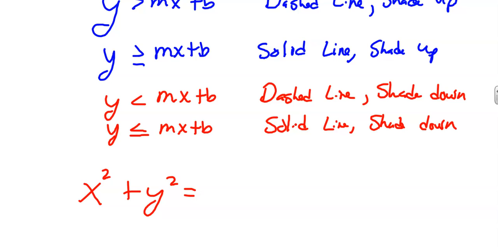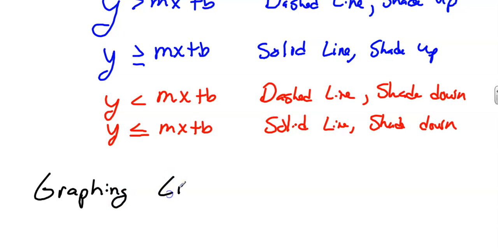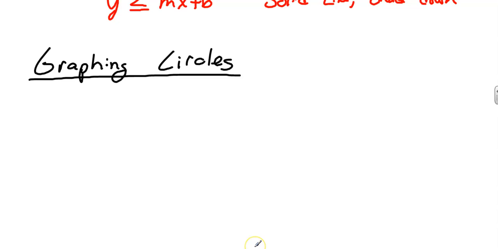So one thing we need to back up for just a minute here is if you're going to graph circles. Going back to chapter 1, when we were solving for circles and finding the equations, we never did actually graph those.